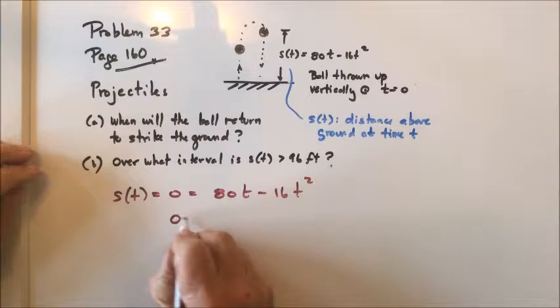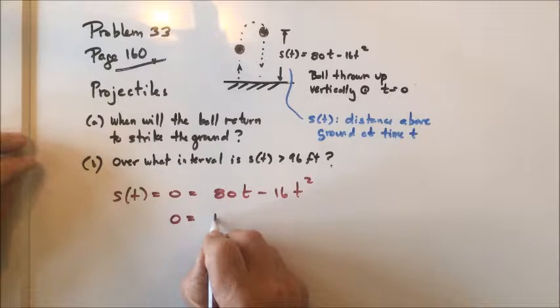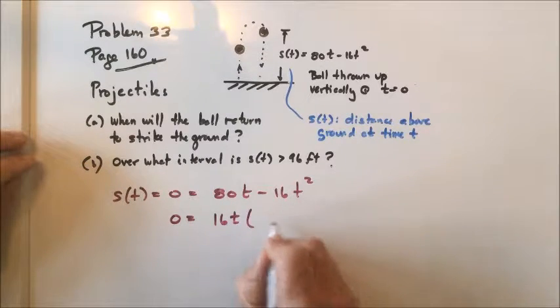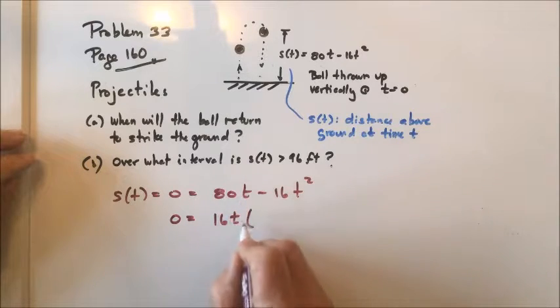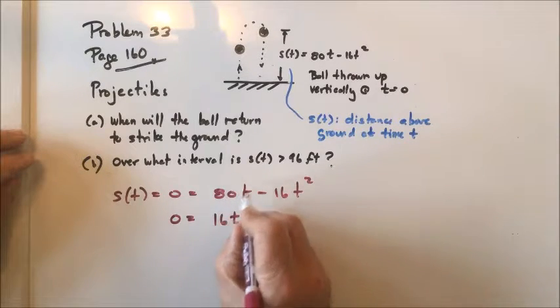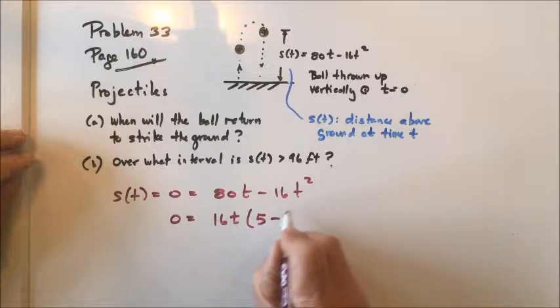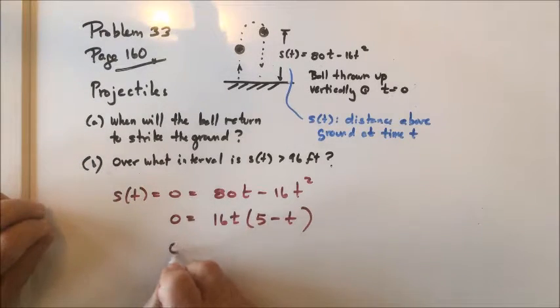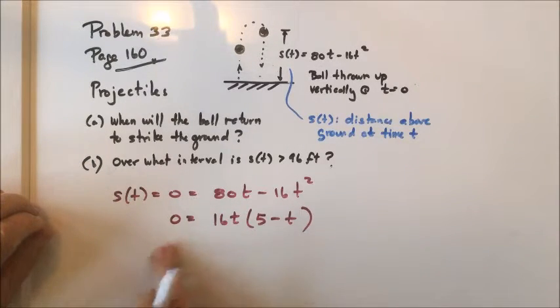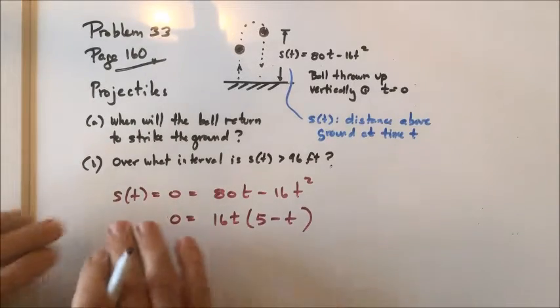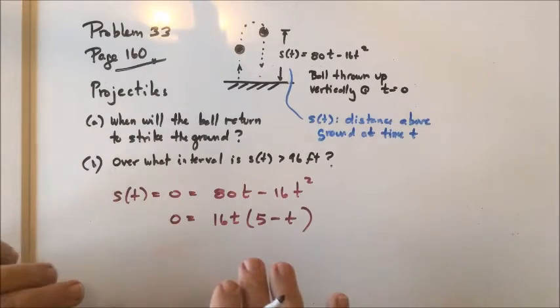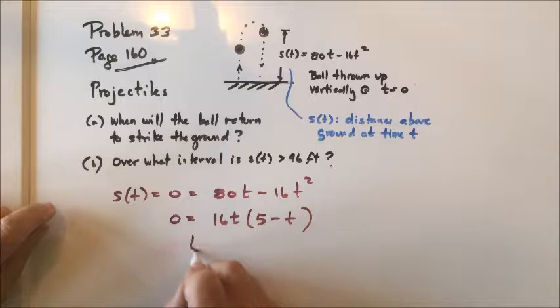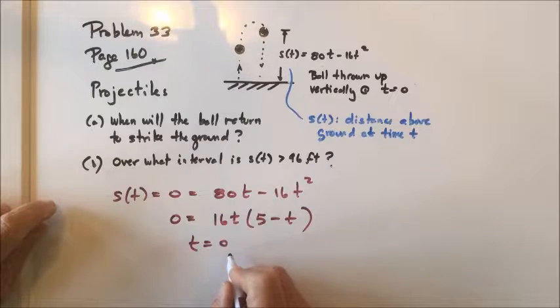If we factor out a 16t from both of these terms, 80t divided by 16t leaves 5, and this leaves t. And so just very quickly, we can see that this equation, S of t equals 0, is solved for the values of time t equals 0 and t equals 5.